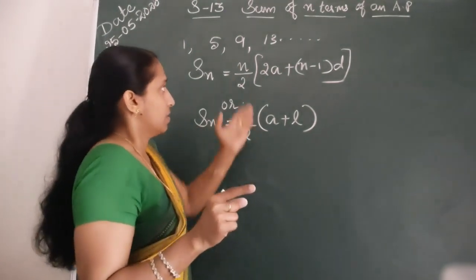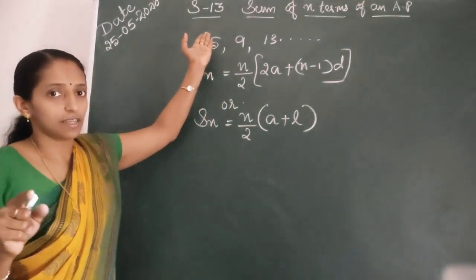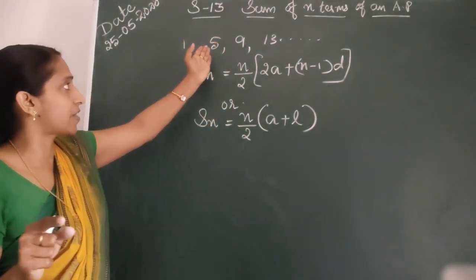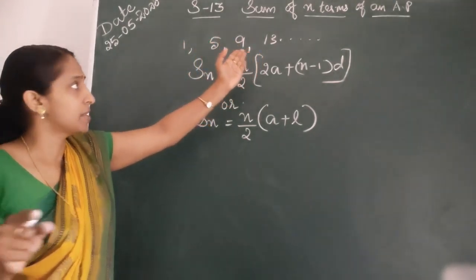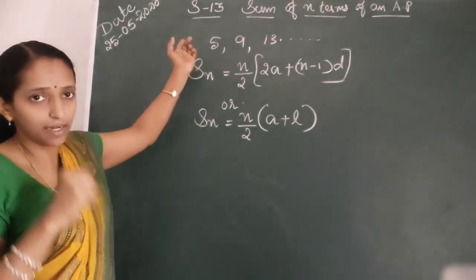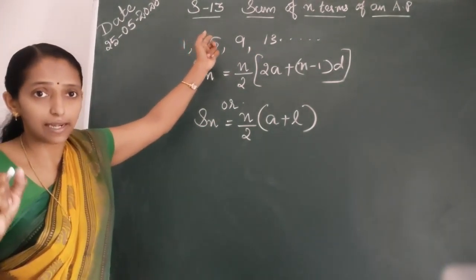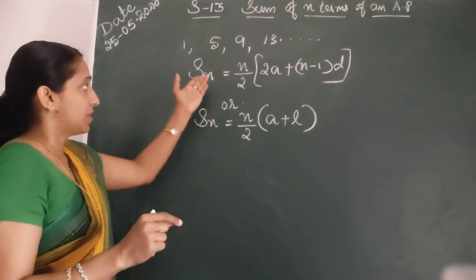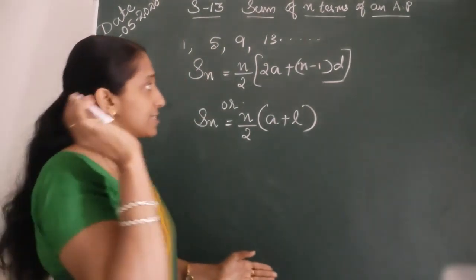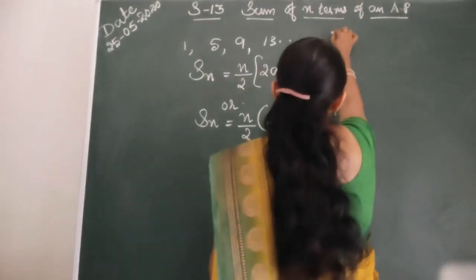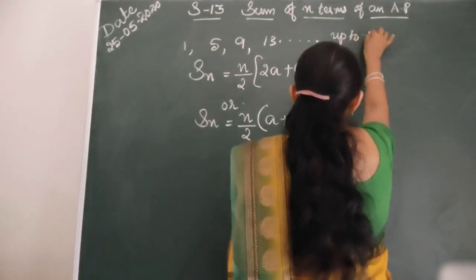Okay, now this same question, the series I have written 1, 5, 9, 13, etc. You know a is 1, d is 4. Now, suppose you have to calculate the sum of this series up to 80 terms.